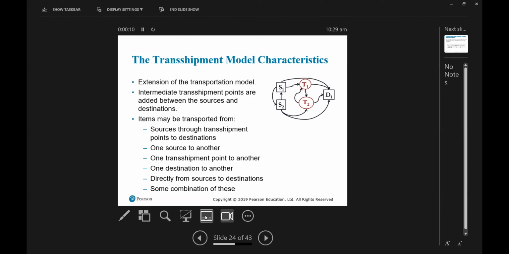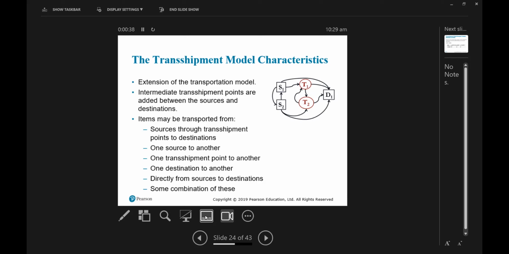Now, from transportation, we move to transshipment. Now, the transshipment model is an extension of the transportation model, such that there are intermediate shipment points.